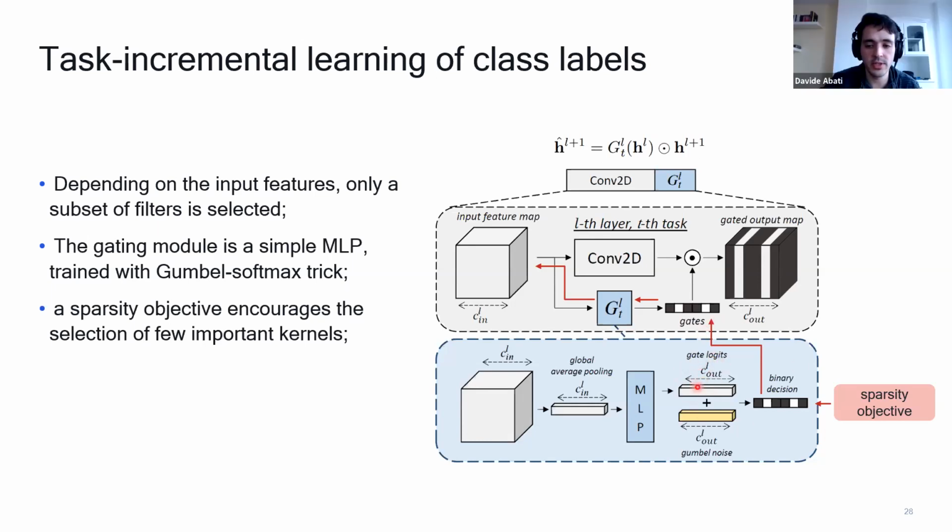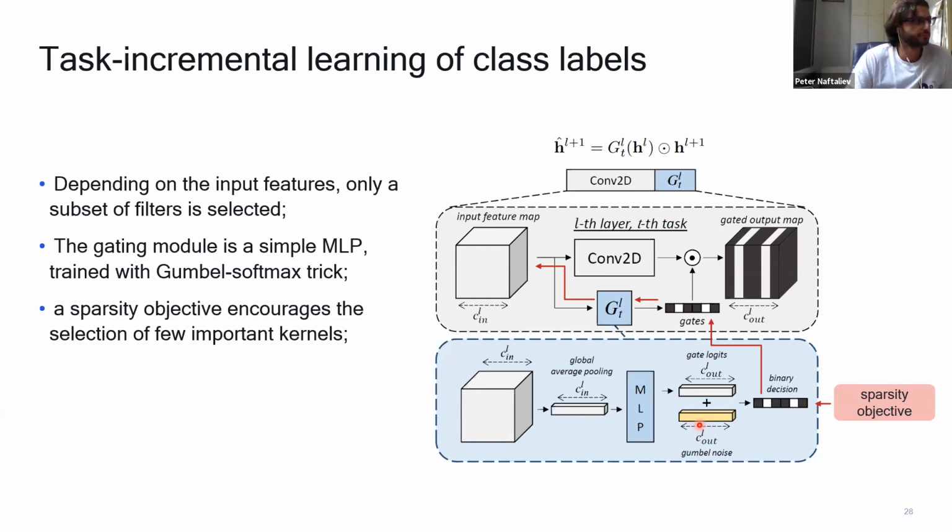Usually you would do a sigmoid and a threshold to get a binary decision, and here you add a vector of noise that comes from a very specific distribution, the Gumbel distribution, and then you sample out of this accumulated vector. In the backward pass you just discard the fact that you used the threshold. Thank you.